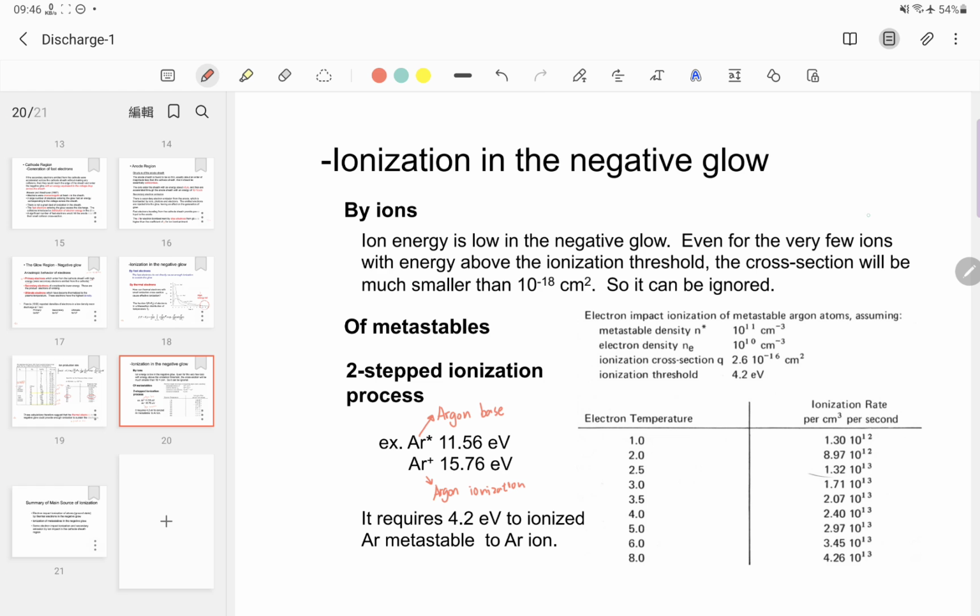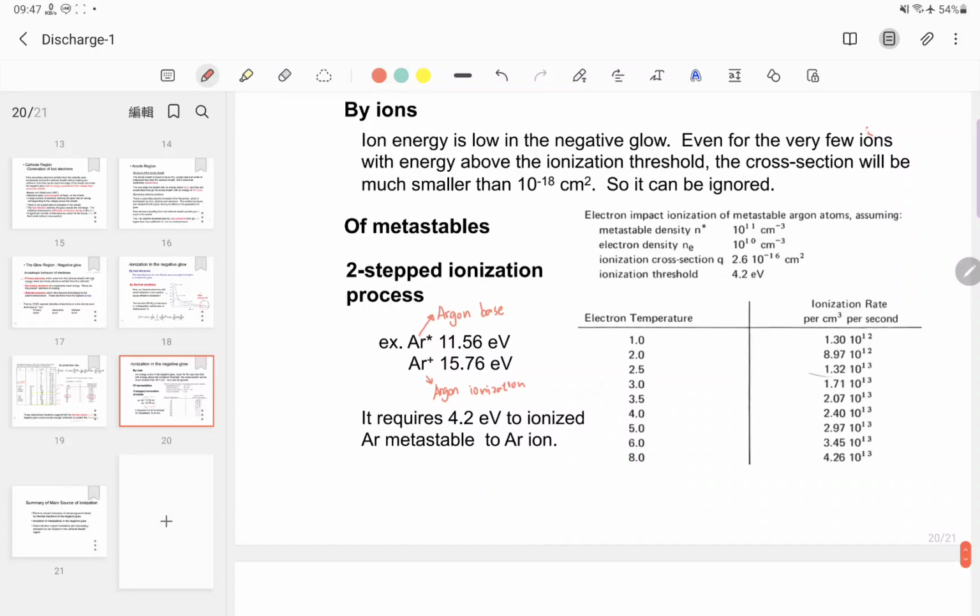Compared to the previous process, thermal electrons undergoing electron impact ionization, the ion and electron pair production rate can reach 10^15 if the energy of the electron is about 3 or 4 electron volt.